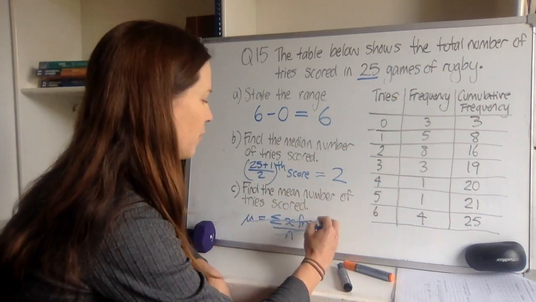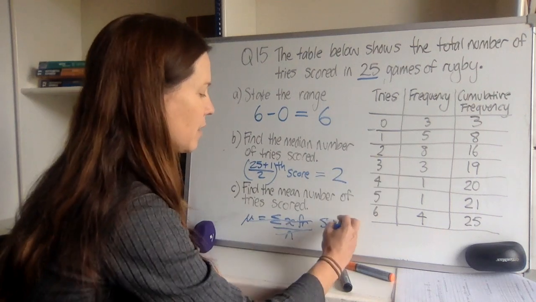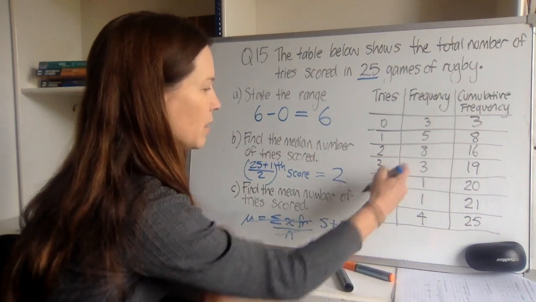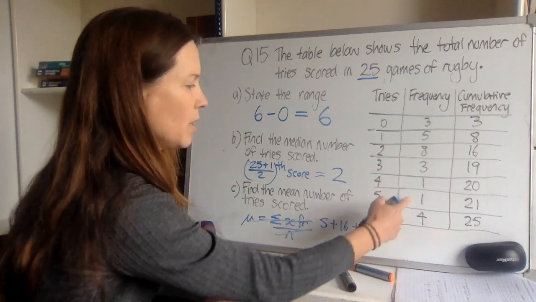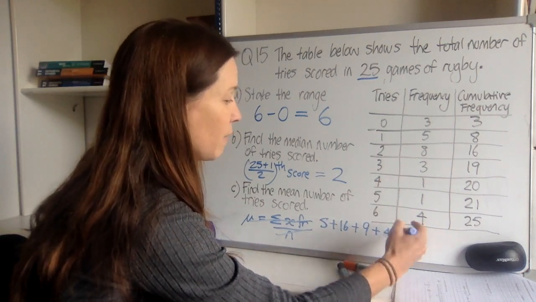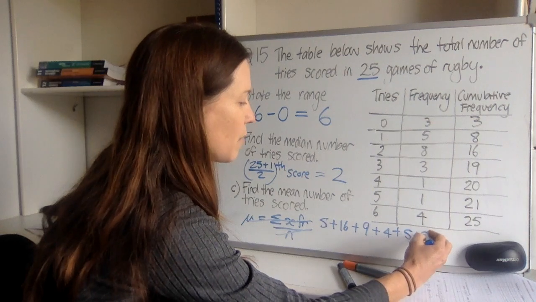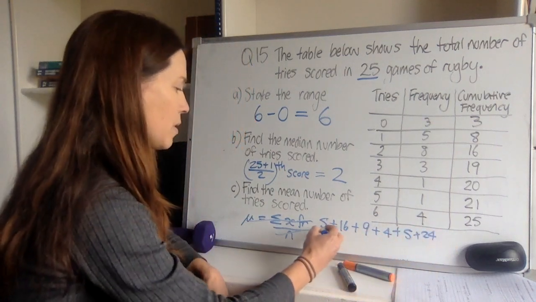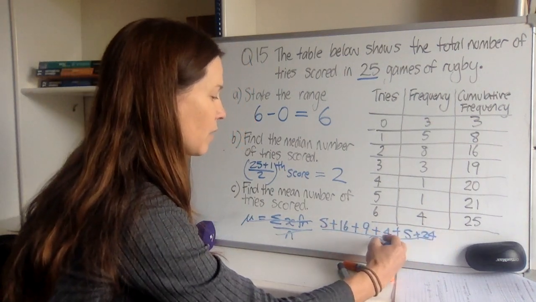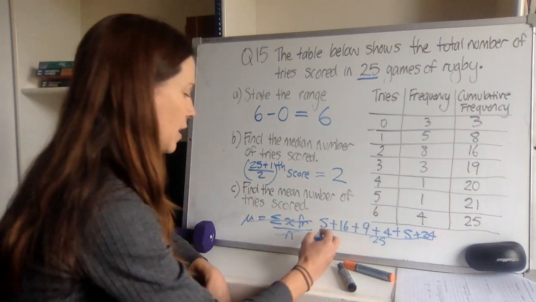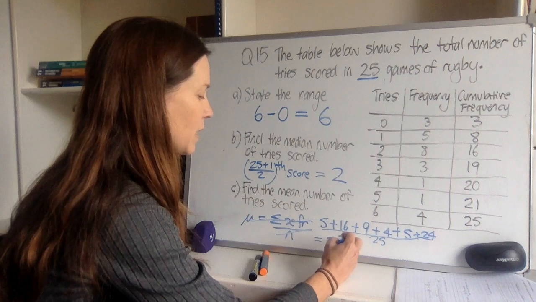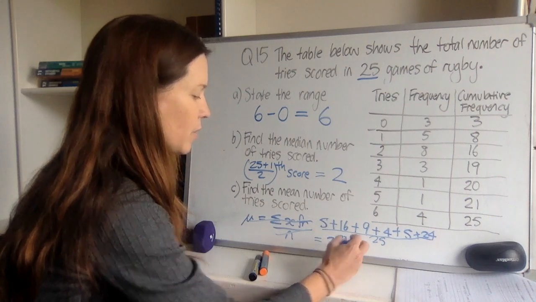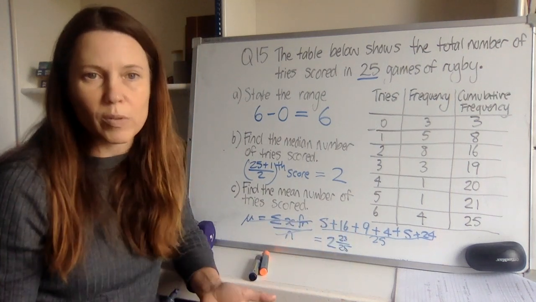So we've got 5 tries plus 16 tries plus 9 plus that one time that they got 4, one time they got 5, and 4 times they got 6. That was 24 tries in those 4 games. Divide that whole thing by 25, and that gives you your answer of, what did we get? 2 and 23 25ths. Or you could write your answer as 2.92.